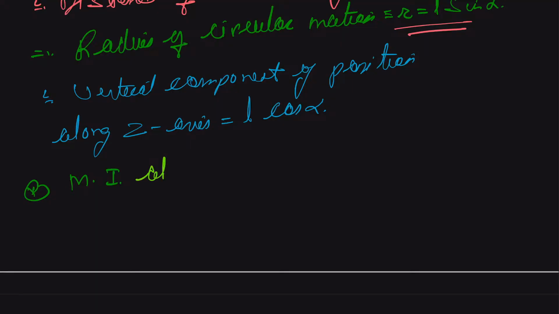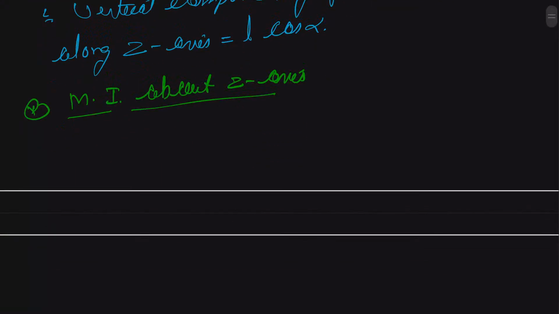We know that for a point mass, the standard formula for moment of inertia is equal to mr square, and each mass is at a distance r from the z-axis.